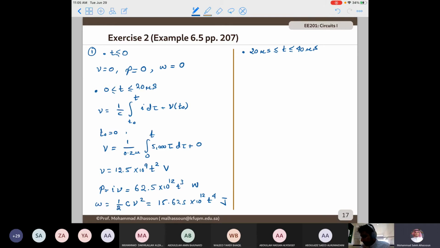Let's start with the voltage. The expression for this is going to be 1 over the value of the capacitance.